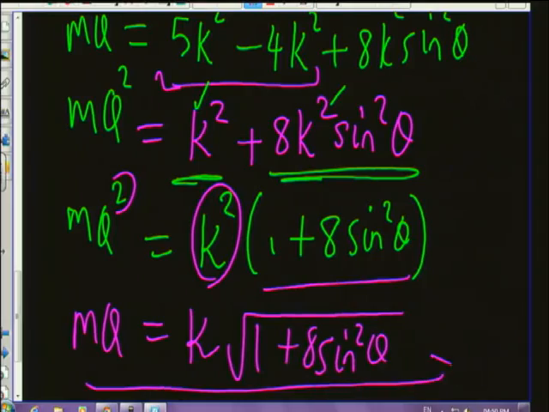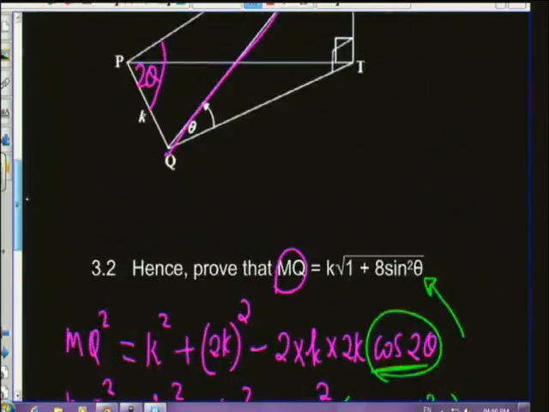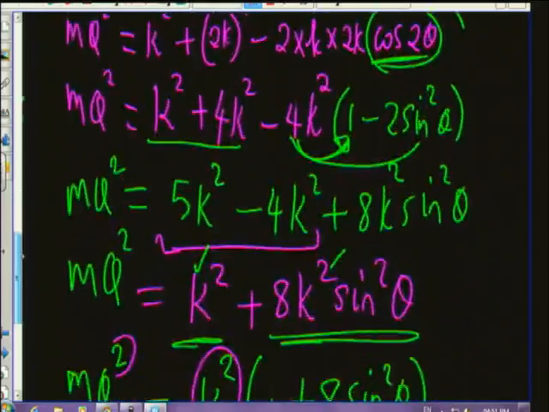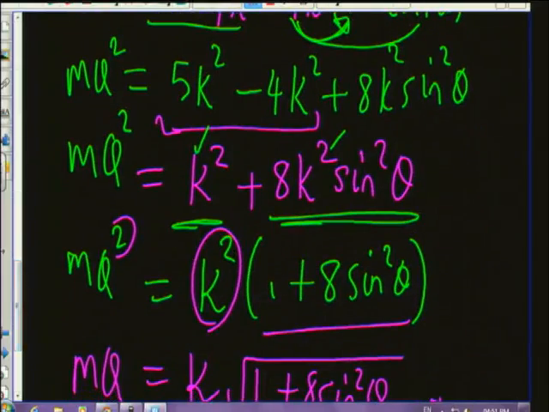So your final answer stays as that, and that is what they were looking for here, that you need to prove that MQ is k square root of 1 plus 8 sine squared theta. Okay, so that answers that question, and I hope you guys are still following.